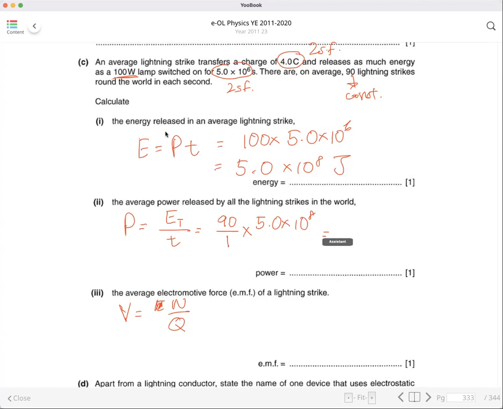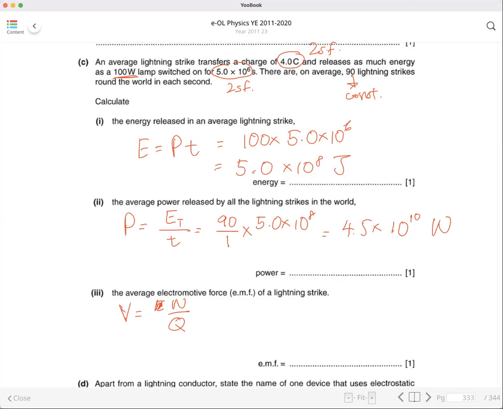And then from there, you will get the answer 4.5 times 10 to the power of 10. You know why it is 90 over 1? 90 is the number of lightning every second. This T is 1 second. Is that clear? So the answer will be 4.5 times 10 to the power of 10 watts.